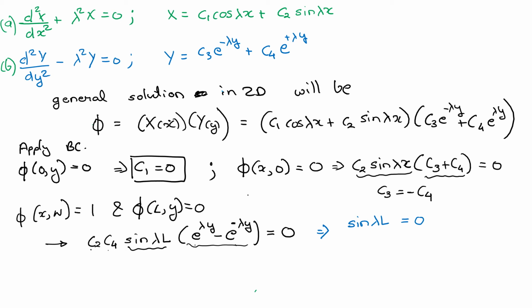Now what this means is that our lambda, or the parameter that we've chosen, must be of the form n pi by L. So if you have lambda in the form of n pi by L, you'll have sine lambda L as zero, where n are integers 1, 2, 3, and so on.